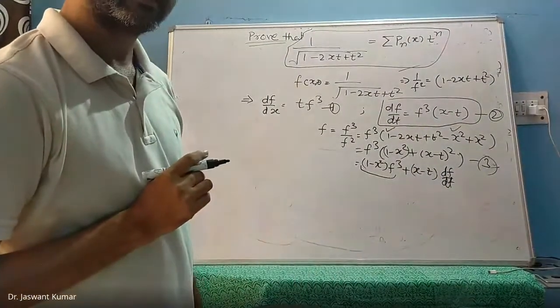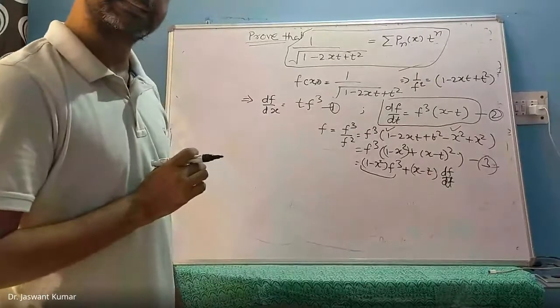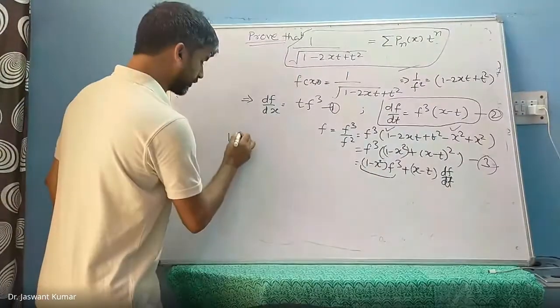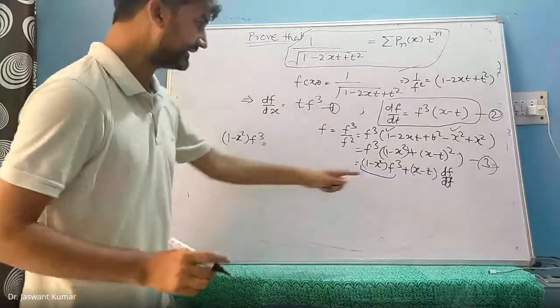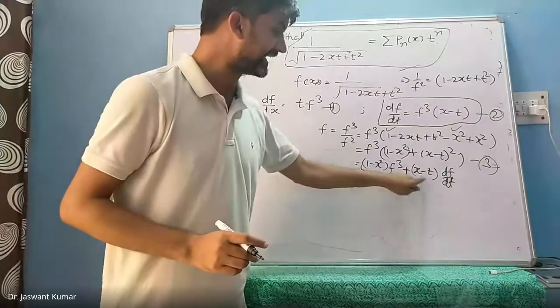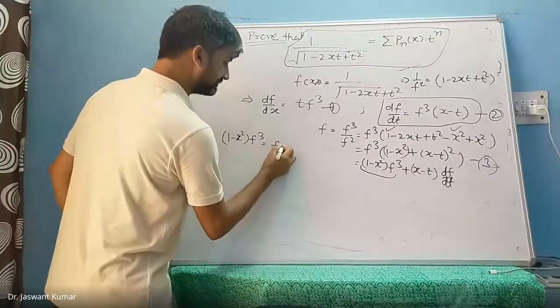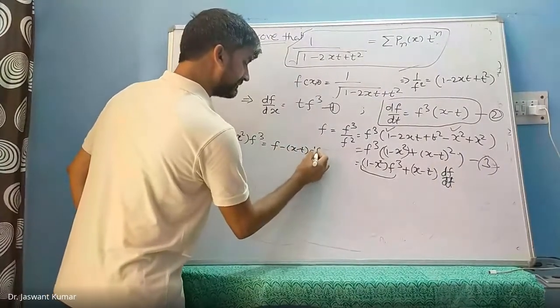Okay? And then you get the value of this 1 minus x square f cube. So this 1 minus x square f cube, you get as f minus x minus t df by dt.